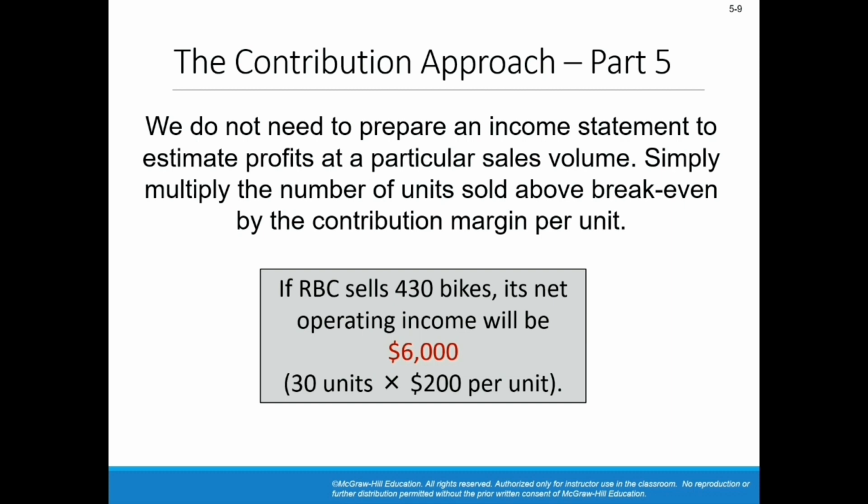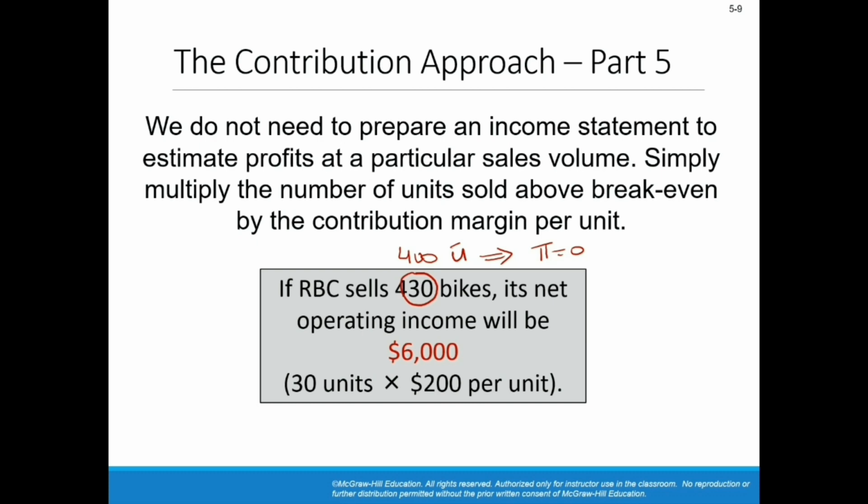So for example, if they ask us that the company will sell an additional 30 units above the break-even point. So as you remember, the break-even point was 400 units, at which you get a profit of zero.